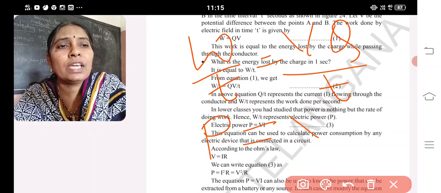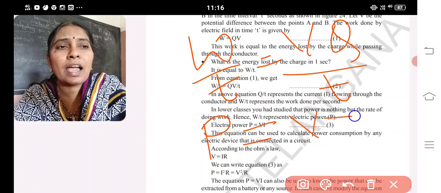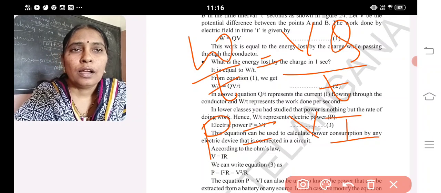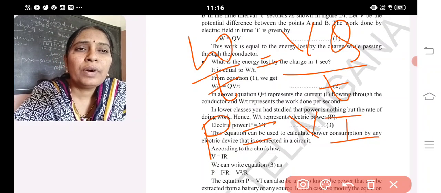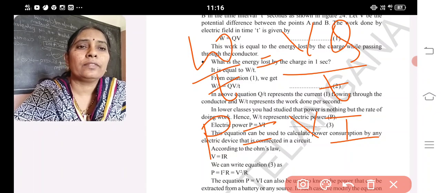And V as it is, Q by T is nothing but I, current. So we got the power definition, that is electric power P is equal to V into I.